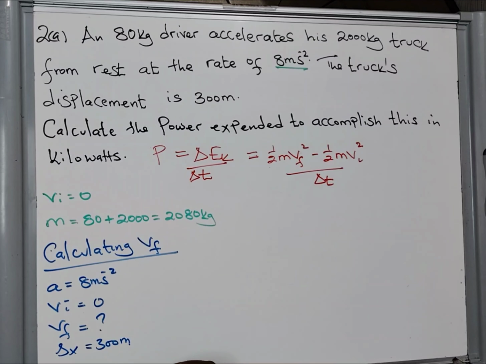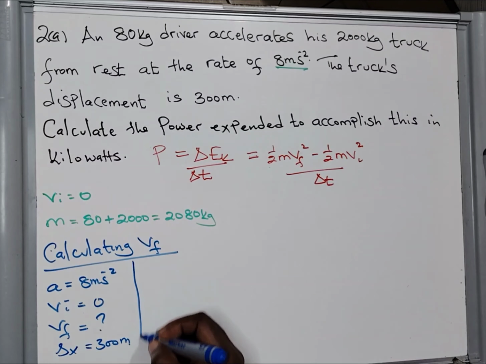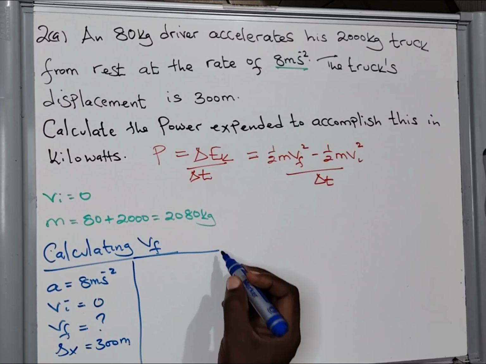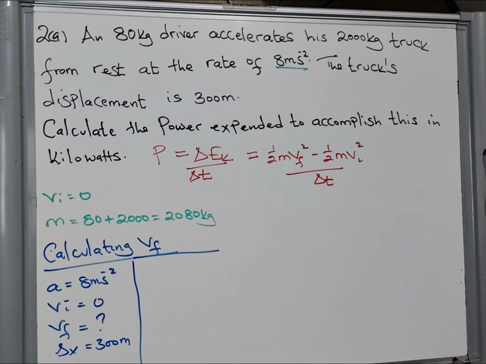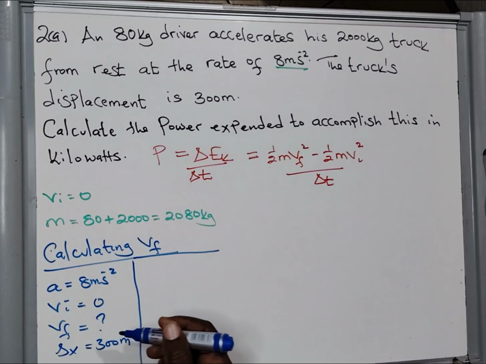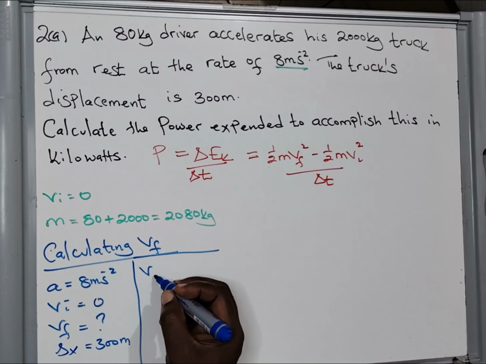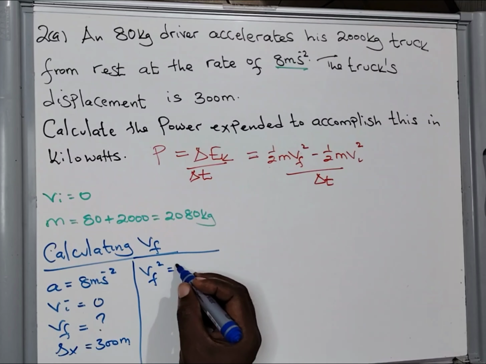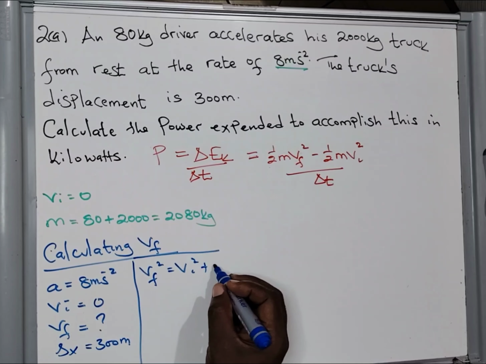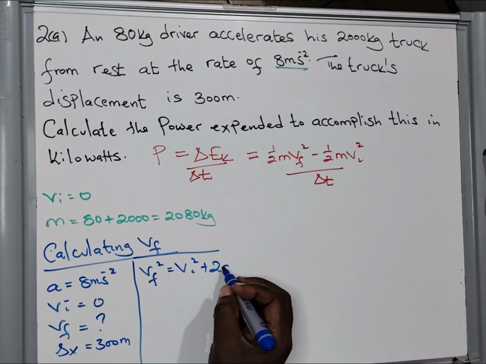So when you look at this data, it takes you to our equation. What equation has this? It is the second equation of motion: Vf squared is equal to Vi squared plus 2a delta x.